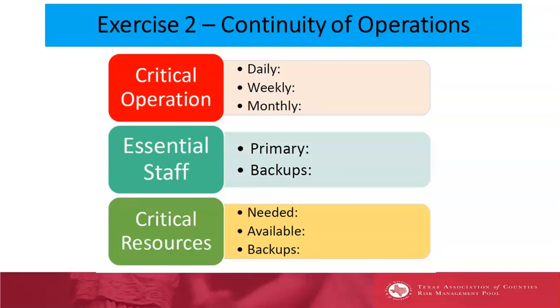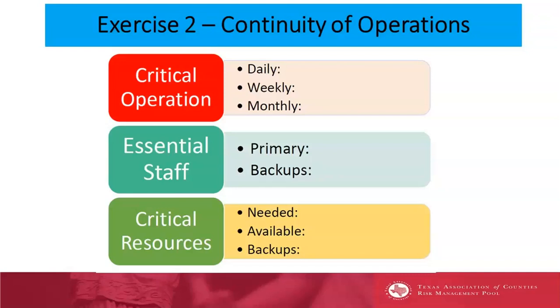This would be a good time to maybe start identifying some of those backups, and also what are the critical resources needed? What do you have available? Do you have backups? So if you can at least think of one critical operation for your department at this time, that would help this process. And then what we could do as an entity together, or a county altogether, is gather some of these forms from different departments, and we can start preparing for a crisis and continue these operations that were identified by different departments.